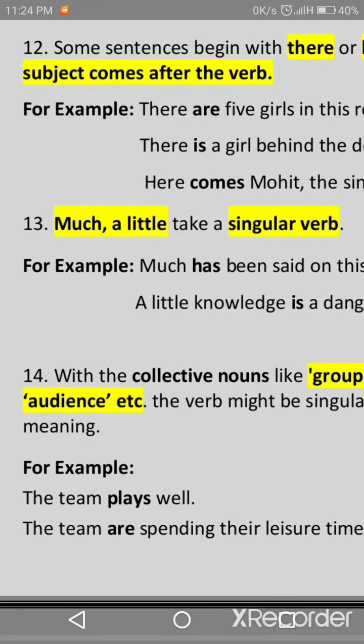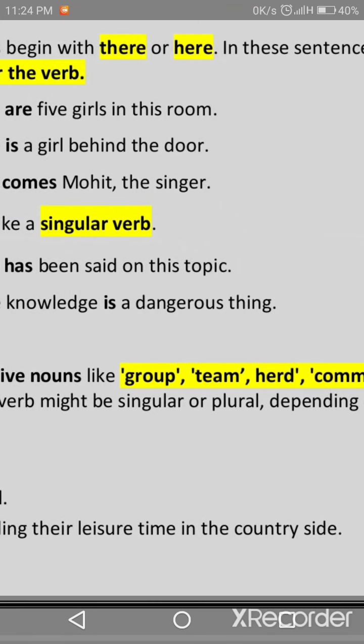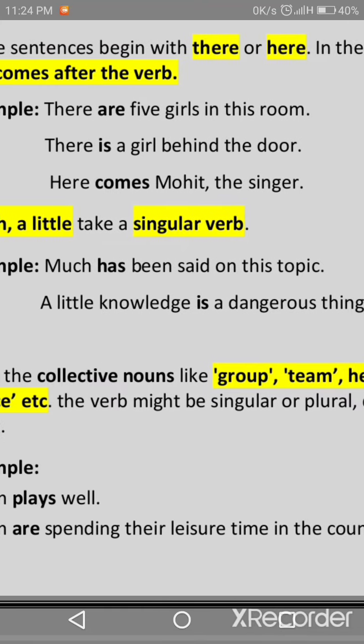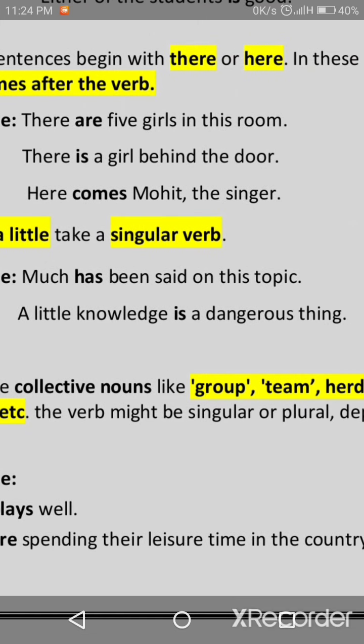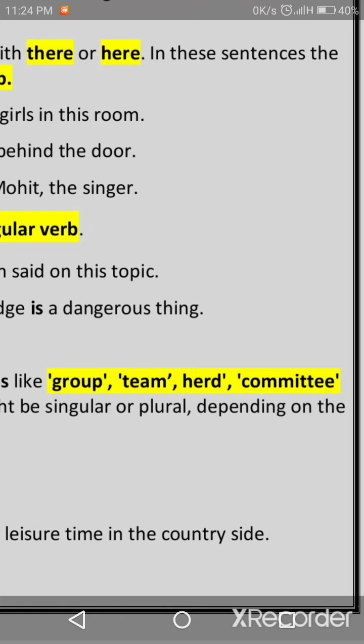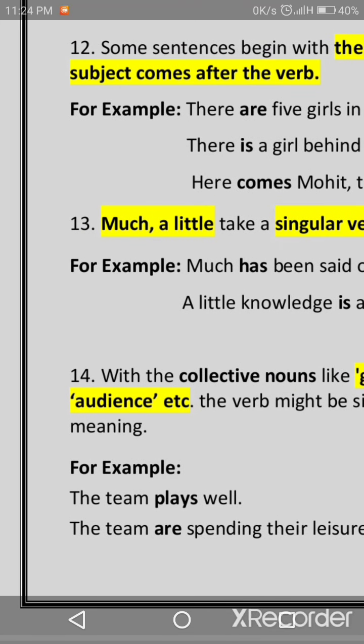Coming to rule number 14, when collective nouns like group, team, herd, committee, flock, bouquet, audience, etc. are used, then the verb might be singular or plural depending on the meaning. For example, the team plays well.